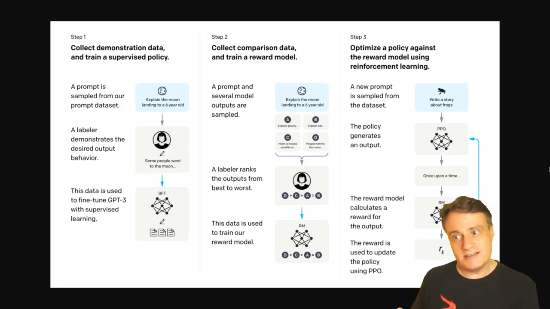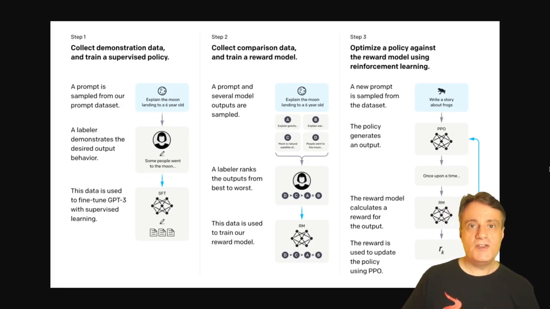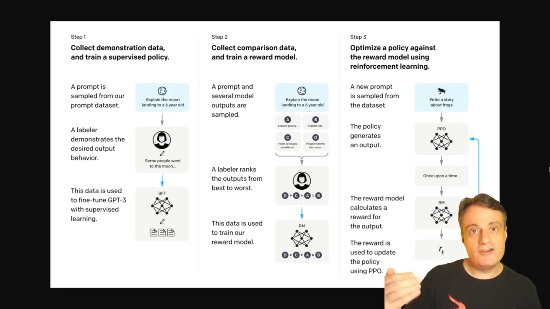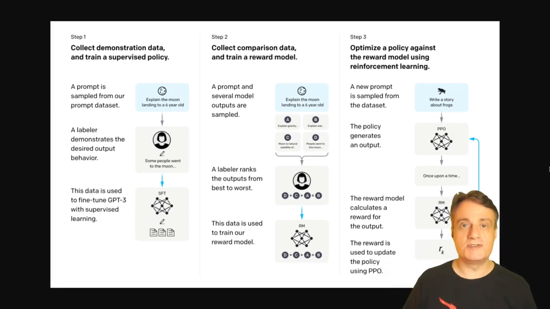The second step is you then get it to try to do the task on new instances, and you get it to generate several different examples of the output it should give.